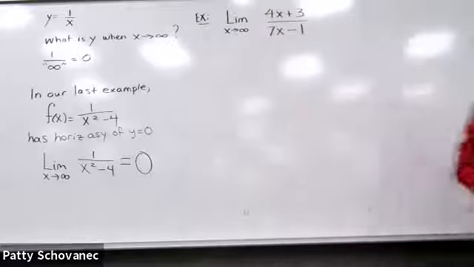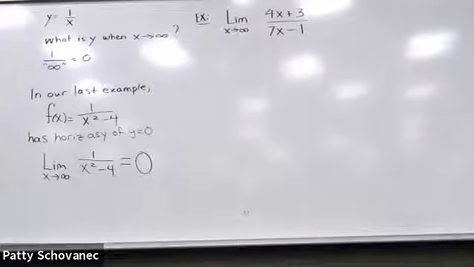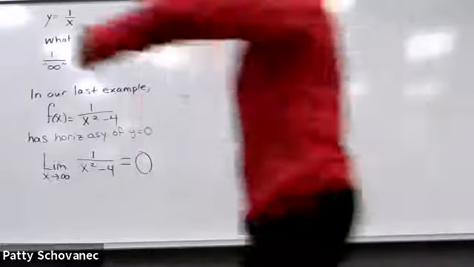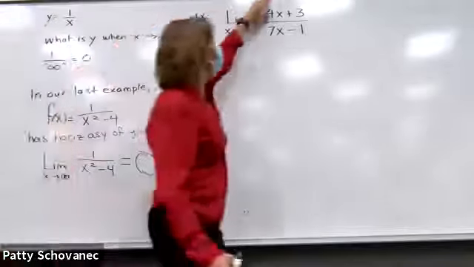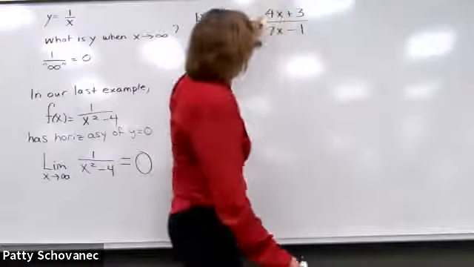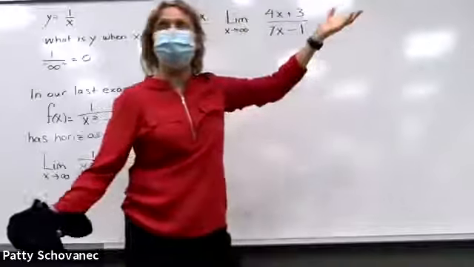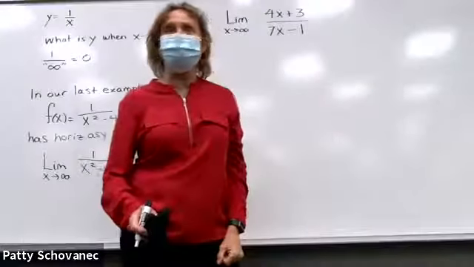something like that. I want to know what that limit is. Now that one's not as easy to eyeball as this one is. 1 over a big number is 0. But here, x is getting big, so I'm going to have a big number on top and a big number on bottom. So I'm really not sure what's happening.